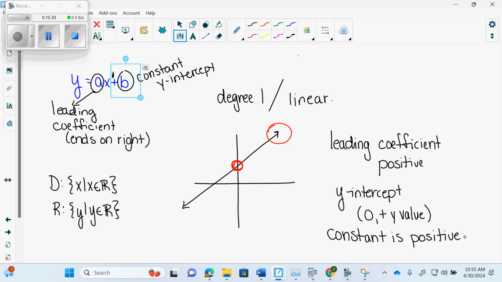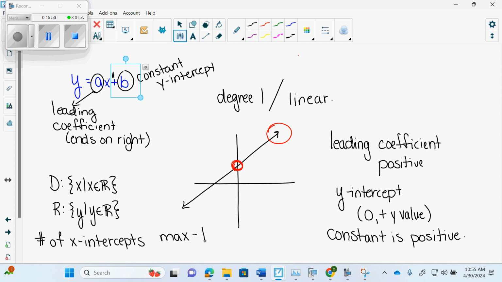We agree? Okay, how many x-intercepts can a linear have? 1. What's the minimum and the maximum number? Remember, the maximum number of x-intercepts is equal to the degree. So the maximum a linear can have is 1.